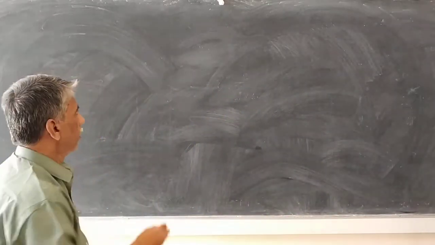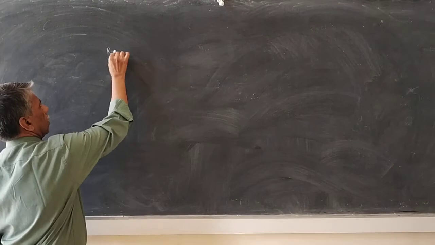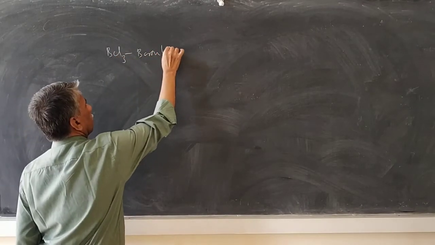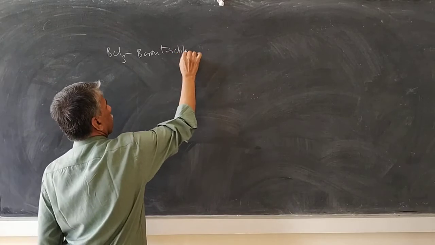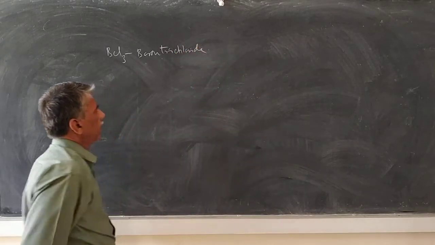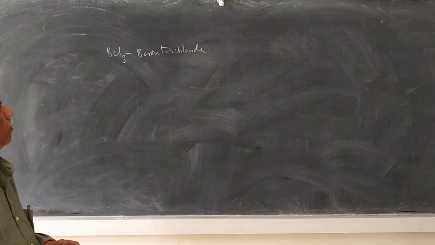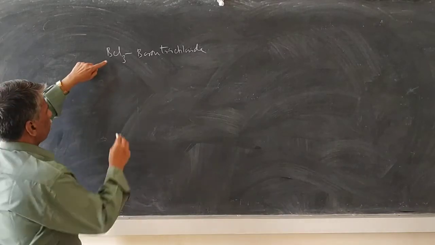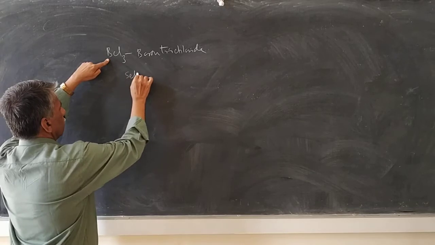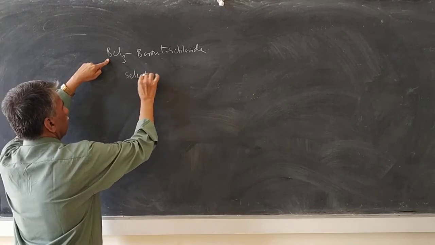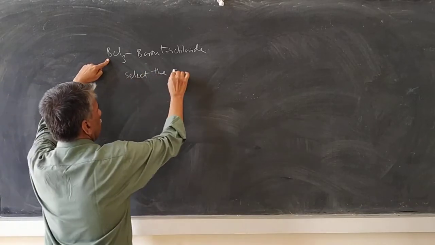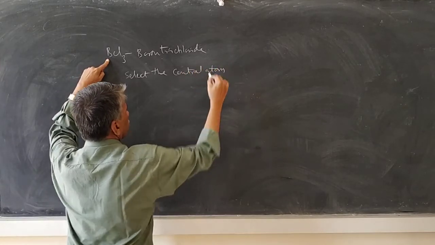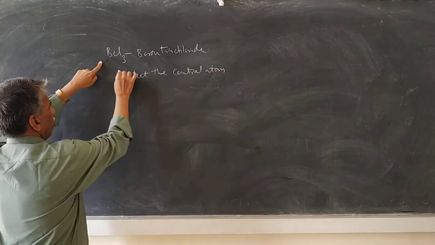BCl3, boron trichloride. So I have taken this example. Okay. Now the first step is you have to select the central atom. This is the first step.